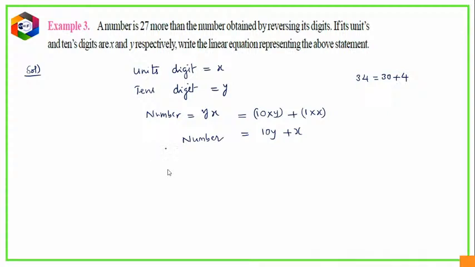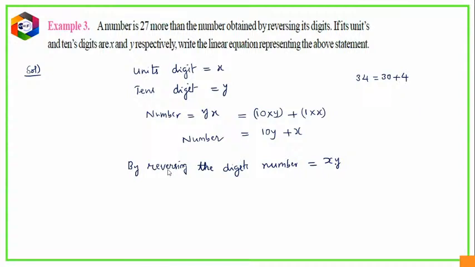Now after that, what happened? The digits are reversed. So by reversing the digits, since it is yx, the number will be xy. But since it is in variables, we have to write it in the expanded form.